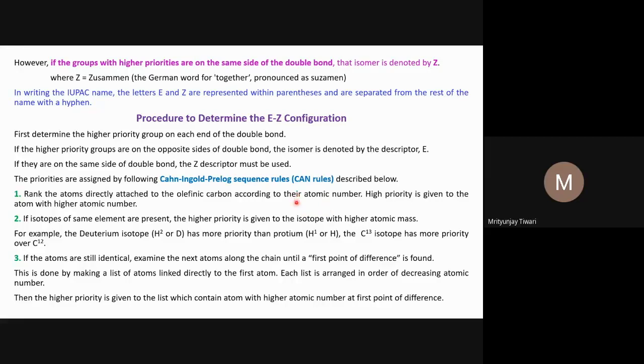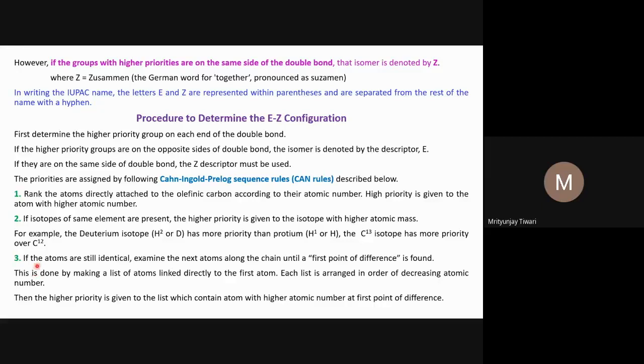So if there are isobars, then the atomic number preference acts. The first is the higher atomic number. If the two atoms connected to the olefinic carbon have the same atomic number, it means they are isotopes, then we will see the mass number or atomic mass, and the heavier one will be given higher priority.